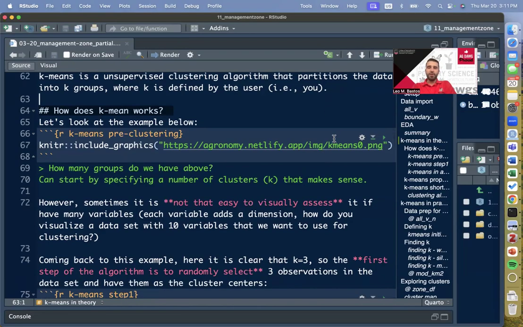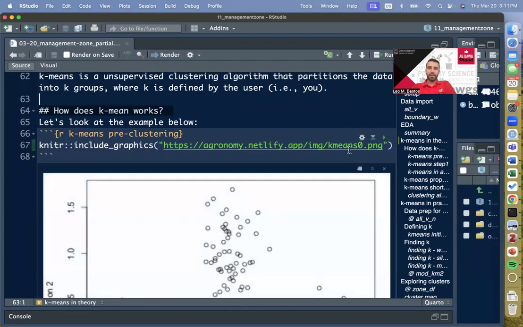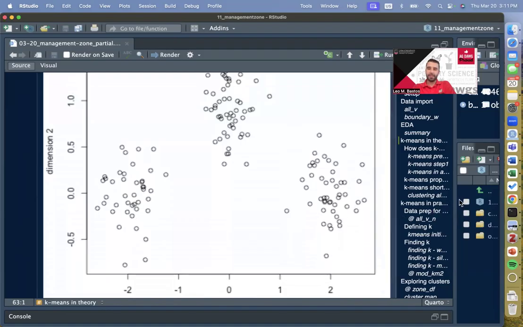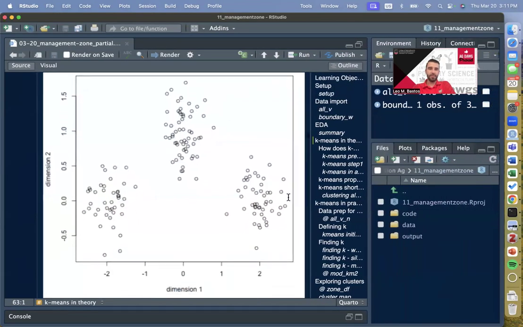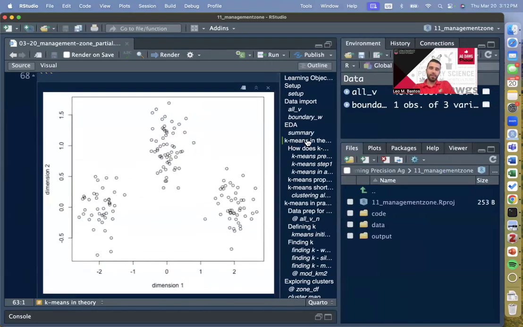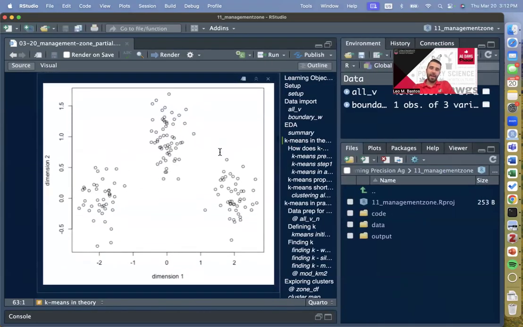All right, so I want to show you here, if you run this chunk, it's going to bring up a picture. Let me see if I can squeeze this in to get everything on one screen. So this plot basically has 2 dimensions, dimension 1 on the x and dimension 2 on the y. You can really think of these as 2 variables.